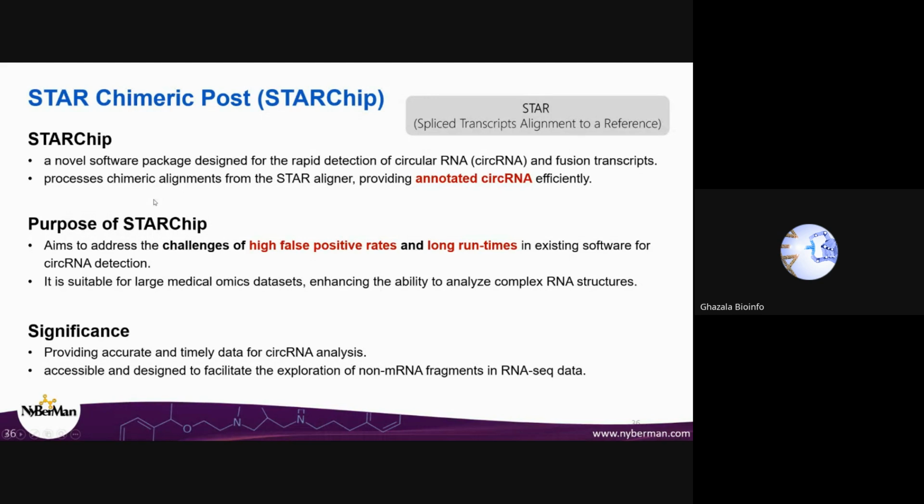Since the tool name itself is STAR-Chip, this is for chimeric sequences that we are identifying. And why STAR? Because we will be using the STAR alignment tool for it. There are other alignment tools available, but for this specific tool, STAR will be included for alignment. You can use it in two ways: whether you run STAR before starting analysis with STAR-Chip, or even included within that.